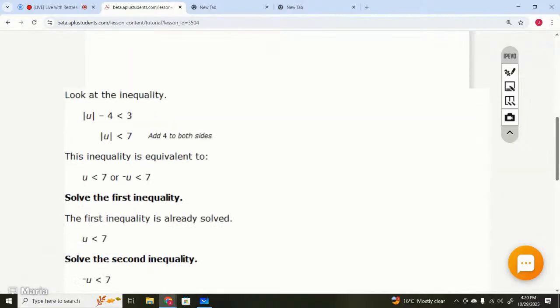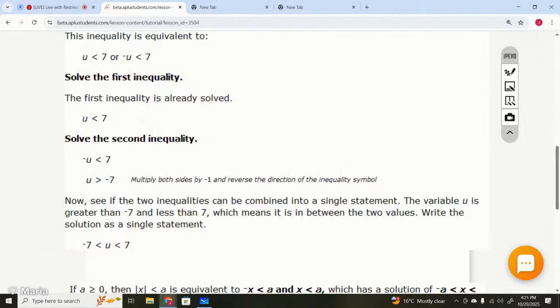So absolute value of u is 3 plus 4. That is, absolute value of u is less than 7, right? So it is u less than 7 or negative u less than 7. So u is less than 7.